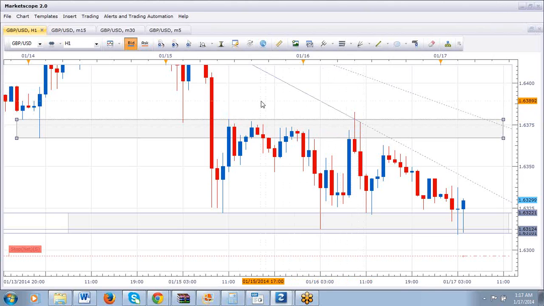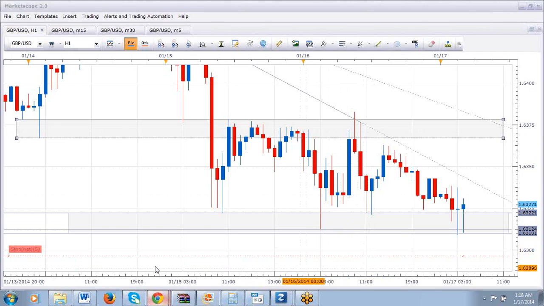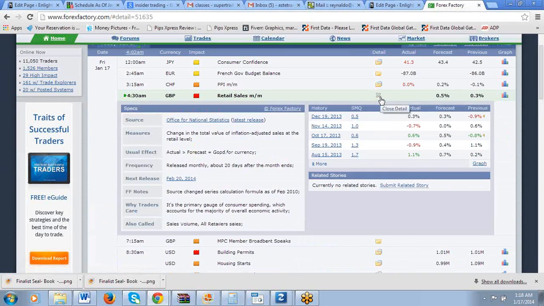Especially when the price is dropping and it's going to the upside, it will take a lot of energy in order to do so. That energy will come out of what we spoke about yesterday based on the news, that if the news will be good in less than 20 minutes time, so retail sales is important.